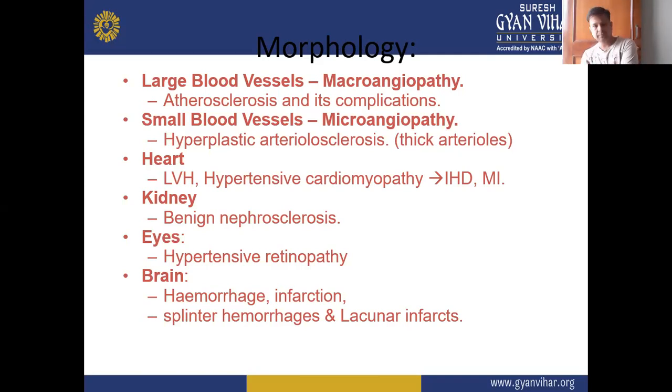Then the heart: left ventricular hypertrophy, hypertensive cardiomyopathy, IHD, and myocardial infarction may occur. Under kidney, benign nephrosclerosis may occur. Under eye, hypertensive retinopathy may occur. In our brain, hemorrhage, infarction, splinter hemorrhage, and lacunar infarcts may occur.